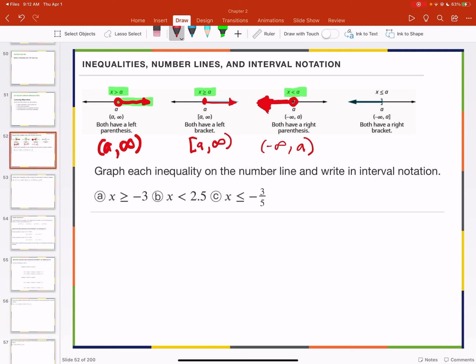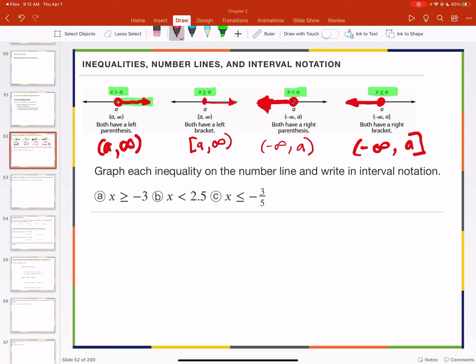All right, for x less than or equal to a, we have all the graph to the left, but then at a, we either do a closed circle or a bracket. And then interval notation is negative infinity, comma, and then a with a bracket. That means, again, the bracket means to include that value.